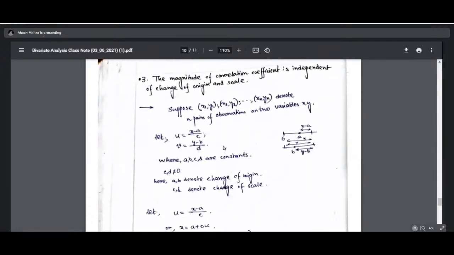Now property 3: the magnitude of the correlation coefficient is independent of change of origin and change of scale. You can definitely do something in your central tendency practical or in your dispersion practical, where we have to change origin and scale to make the computation easier. So what if I do it here also?